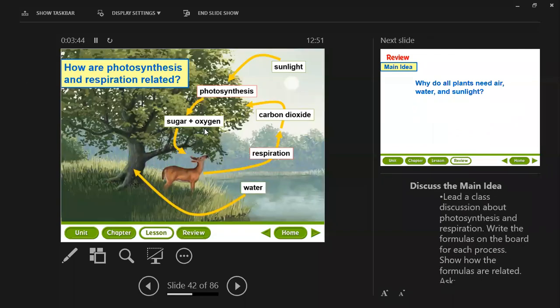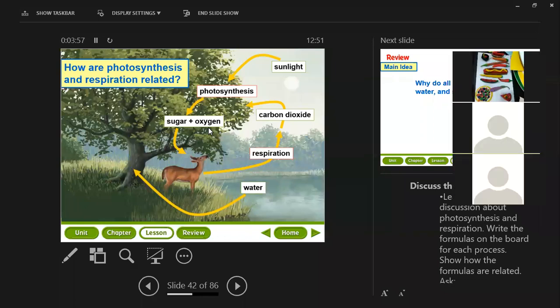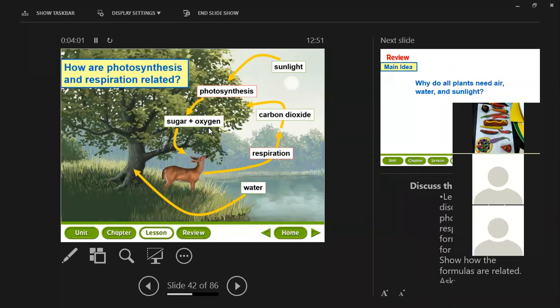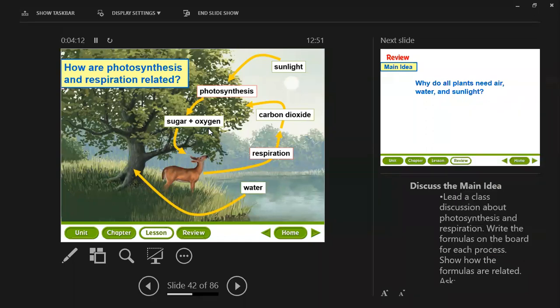During cellular respiration, plants and animal cells produce carbon dioxide and water as waste products. You have to know, they are then released back into the air.